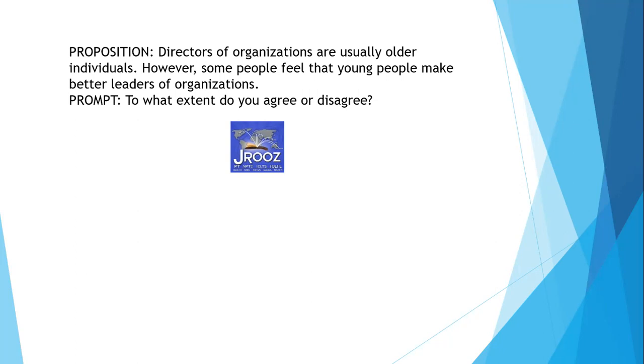All right, guys. Is that clear? It's a crossover. Do you see that crossover marker alone? However, that is already very clearly indicative of a crossover proposition. That means, guys, in one paragraph, you'll be talking about one side, and in another paragraph, you're gonna be talking about the other side.